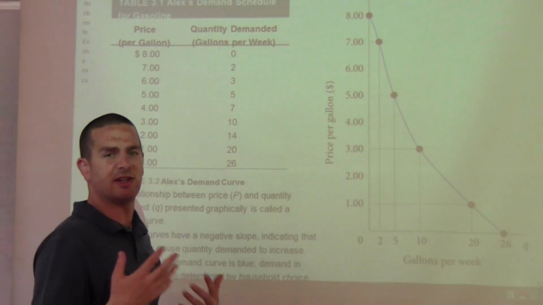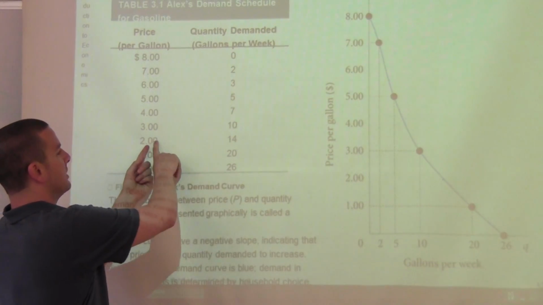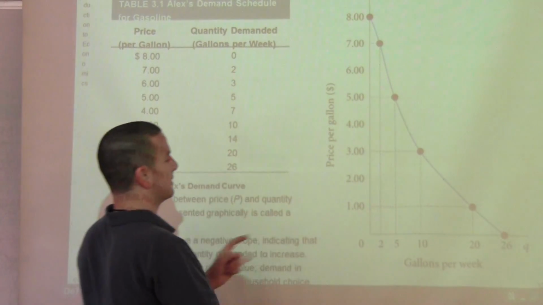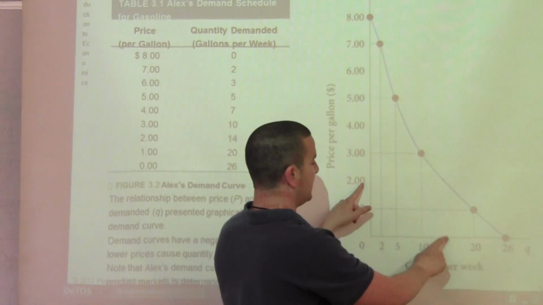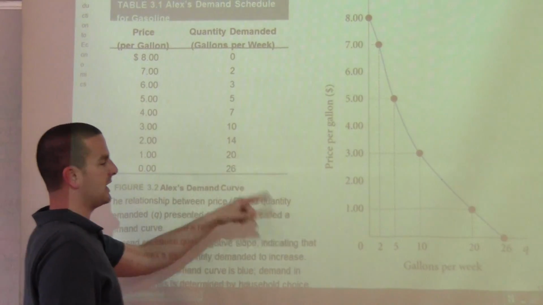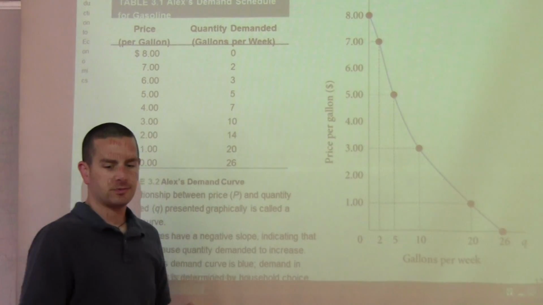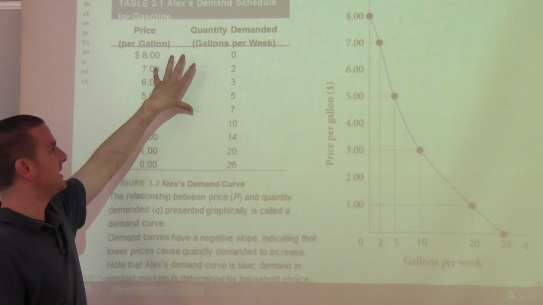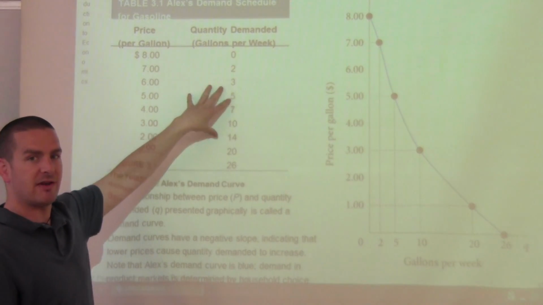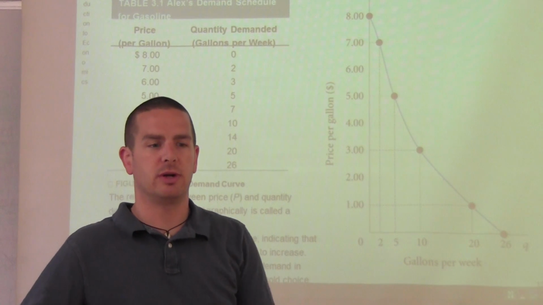So at a price of $7, you're willing to buy 2 gallons. At a price of $2, he'll buy 14 gallons. So 2, 14. They didn't put a dot in for that one. So for $1, you buy 20 gallons.